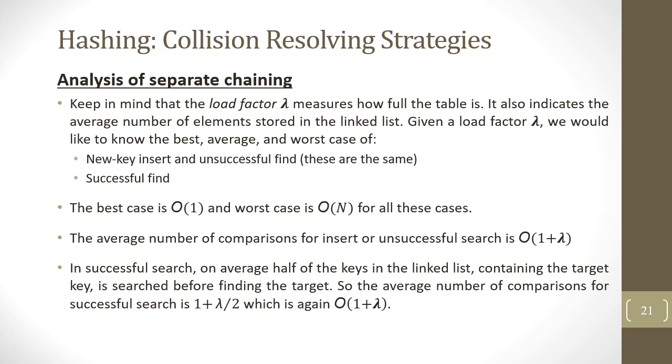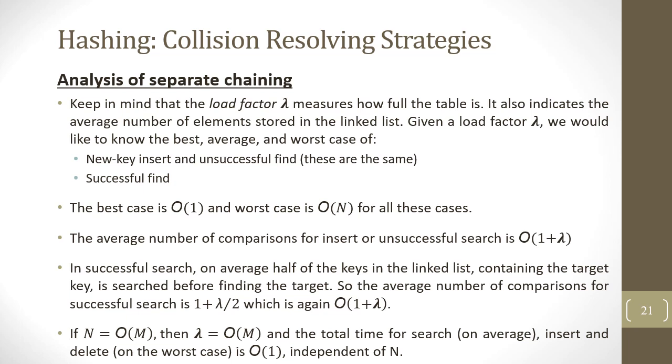So the average number of comparisons for successful search is 1 plus lambda by 2, which is again order of 1 plus lambda. If n is big O of m, then lambda is big O of 1. And the total time for search, insert and delete is big O of 1, independent of the size of n.